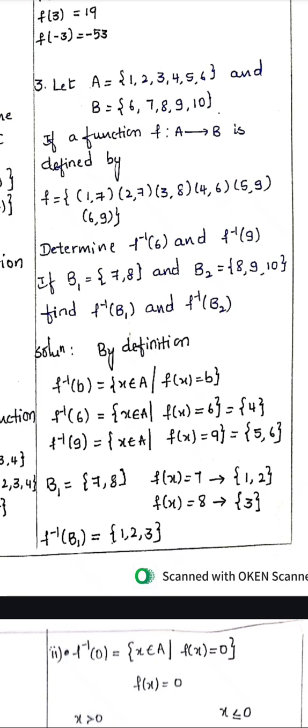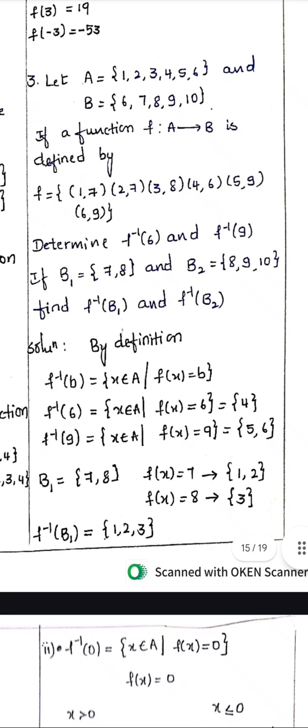Let A equal {1, 2, 3, 4, 5, 6} and B equal {6, 7, 8, 9, 10}. A function f from A to B is defined by f = {(1,7), (2,7), (3,8), (4,6), (5,9), (6,9)}. You have to determine f inverse of 6 and f inverse of 9.